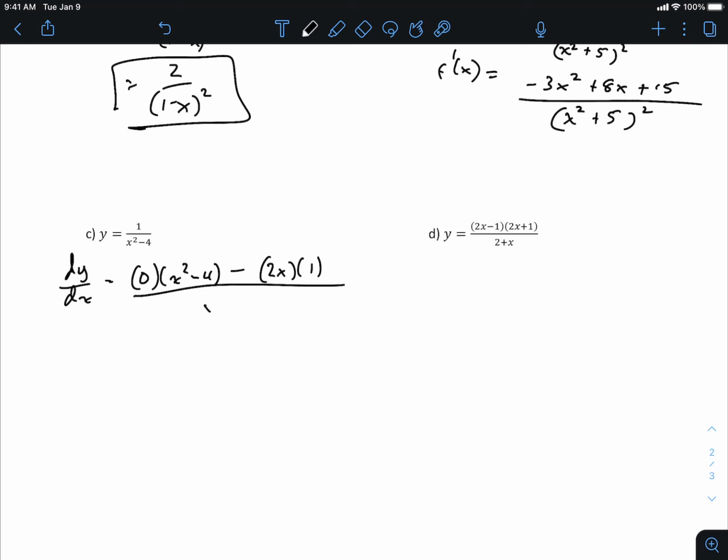And that's going to be over x squared minus 4 squared. What do we get? Dy by dx will equal negative 2x over x squared minus 4. Okay? And that needs to be squared.